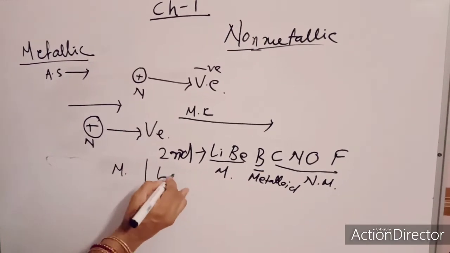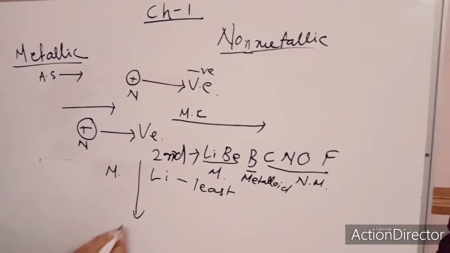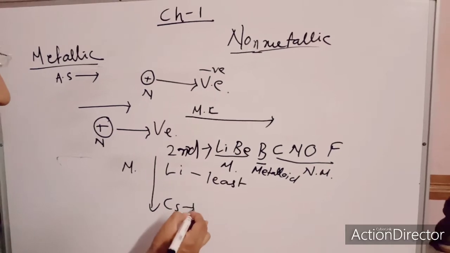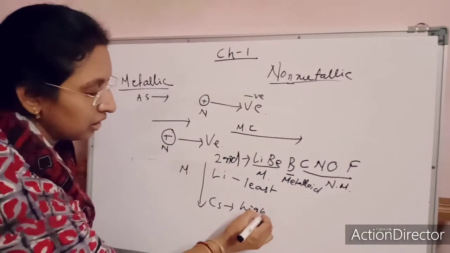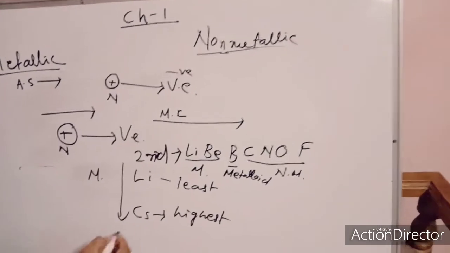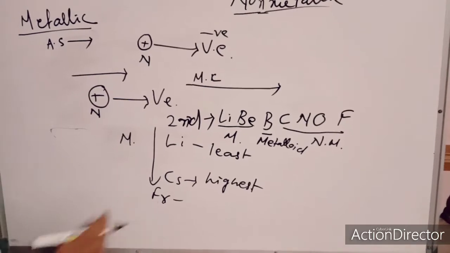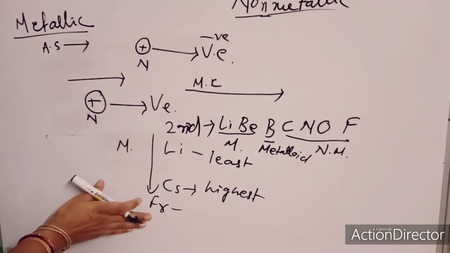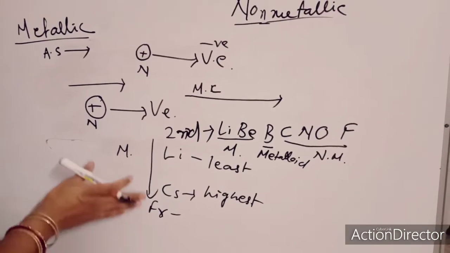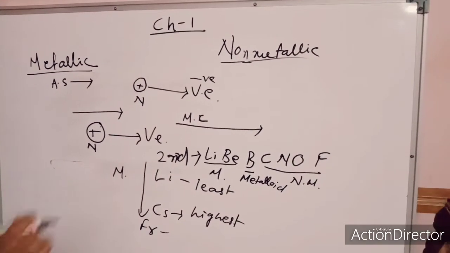That means lithium has the least metallic character and cesium has the highest metallic character in group 1. Why am I not saying francium? Previously we discussed this is a radioactive element, so I am leaving out francium. I think you are understanding the metallic character.